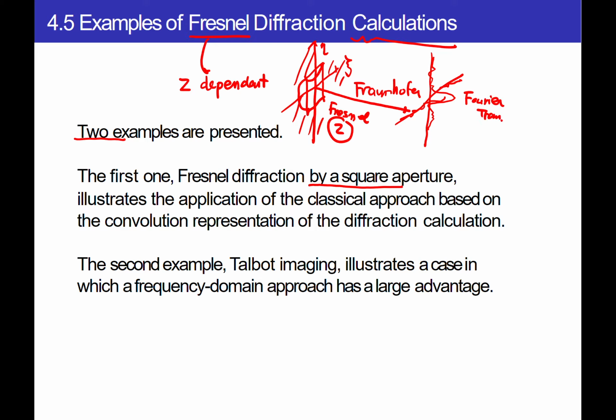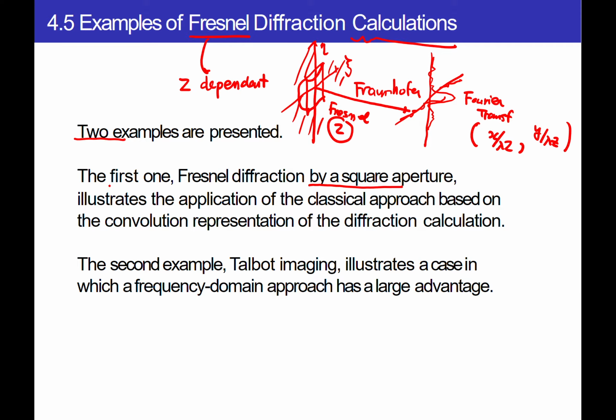But actually in the case of the coordinates x over lambda z, y over lambda z, it is given as a function of x over lambda z and y over lambda z. So it is dependent on the z, but the actual pattern itself is not dependent on the z. Okay.